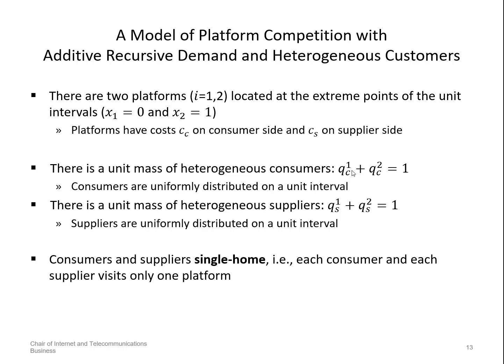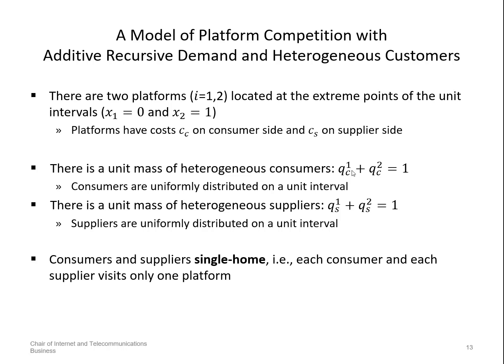In two-side markets, we again assume that there are two platforms located at two extreme points of the unit interval, where platform 1 is at coordinate 0 and platform 2 is at coordinate 1. Platforms have cost CC on the consumer side and CS on the supplier side.